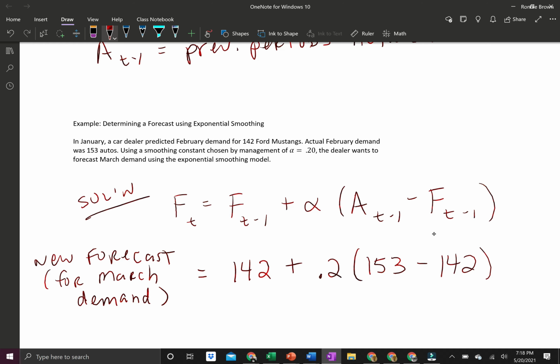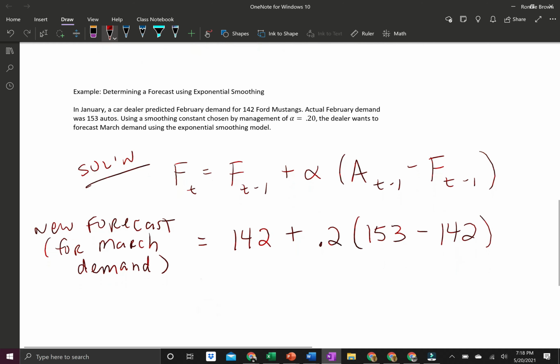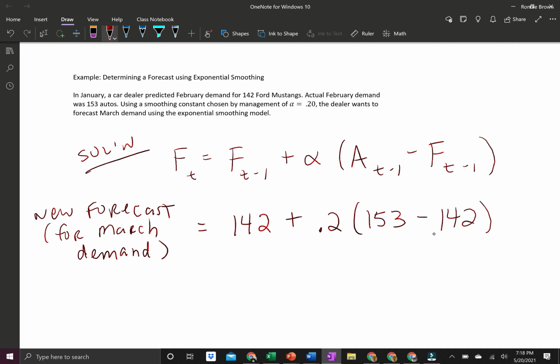All right. So we just go ahead and compute. You can crunch these numbers using a calculator if you have one handy. 142 plus 2 and 2/10 gets us 144 and 2/10.